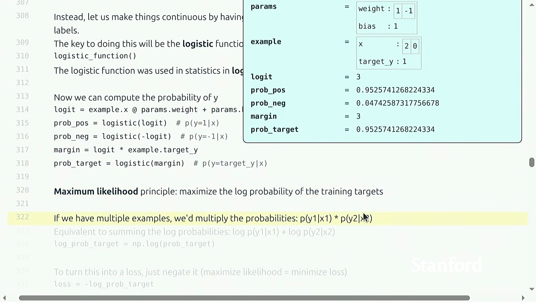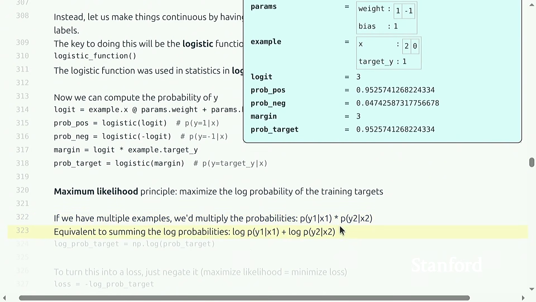So in general, if you have multiple examples, then you end up multiplying the probabilities. Because it's like I want for x1 to get the target label y1, and for x2, I want to get the target label y2. And so I'm multiplying the probabilities.